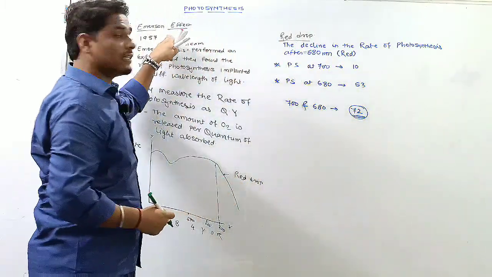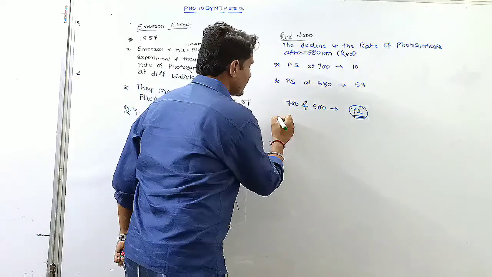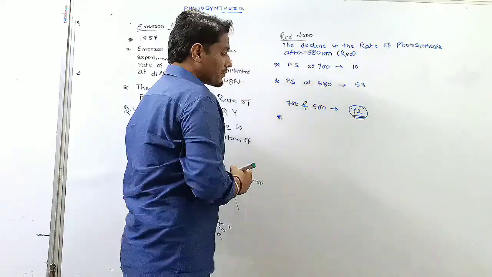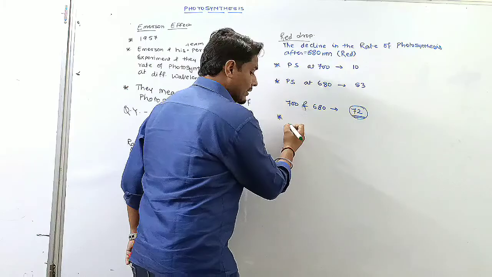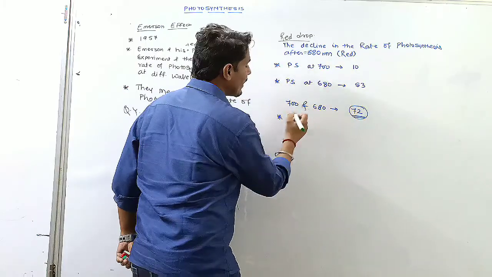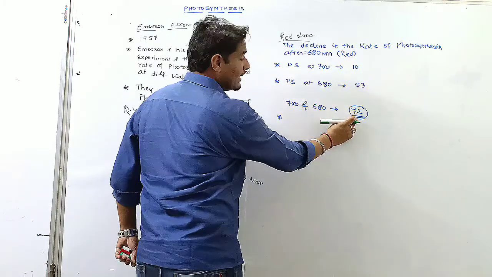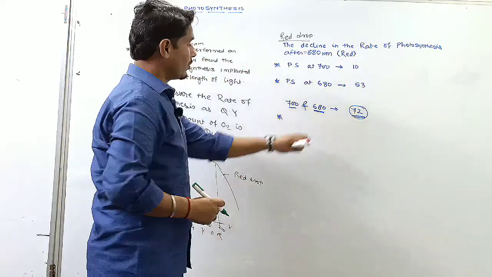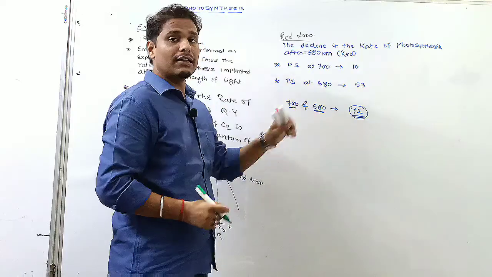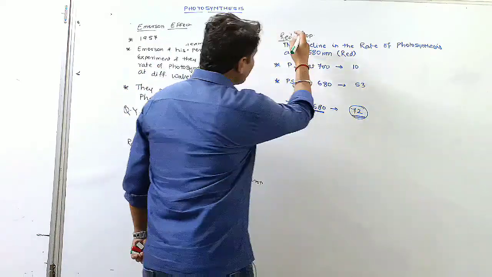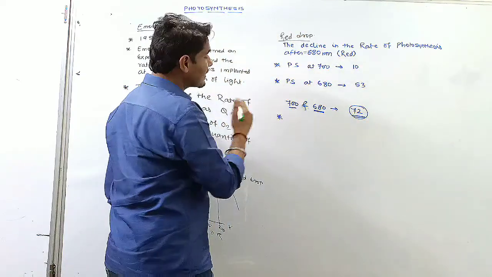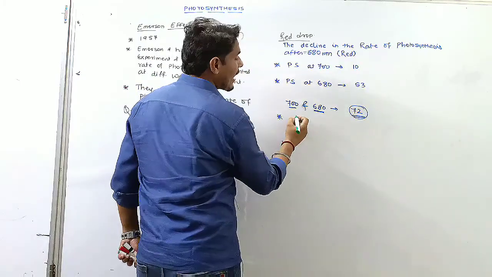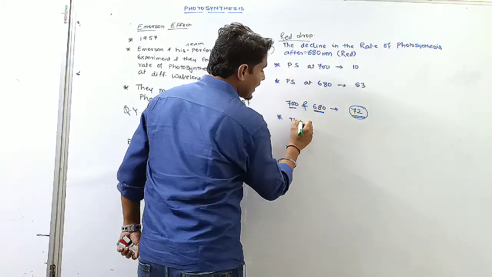So Emerson concluded that the quantum yield is higher when shorter and longer wavelengths are given together, and from this experiment he concluded there are two photosystems.